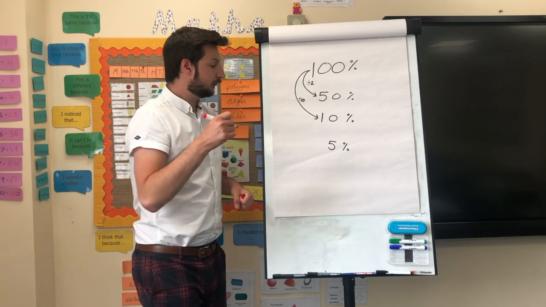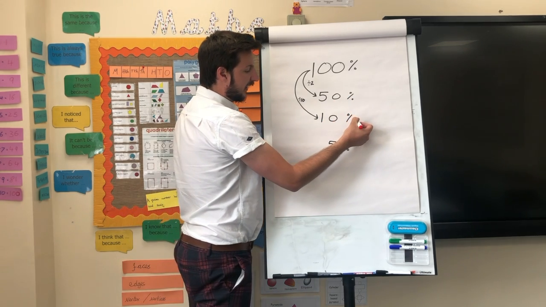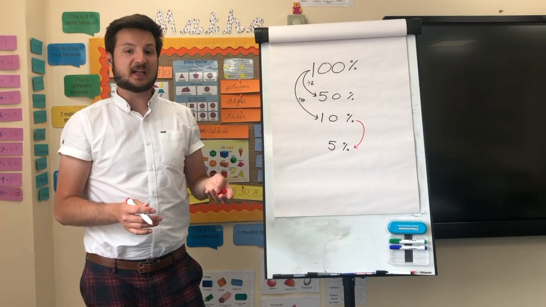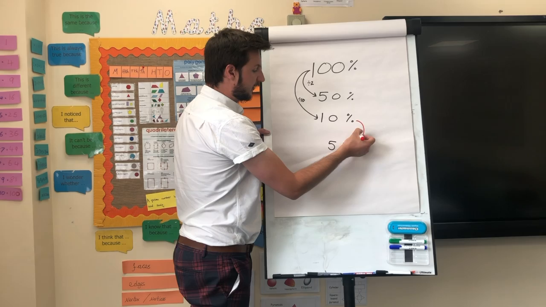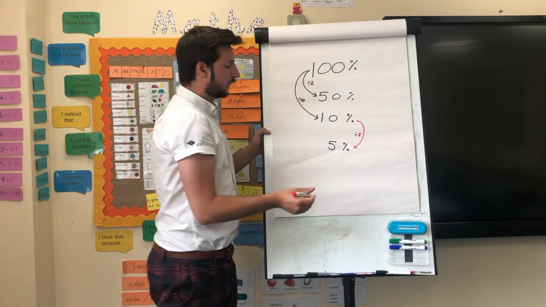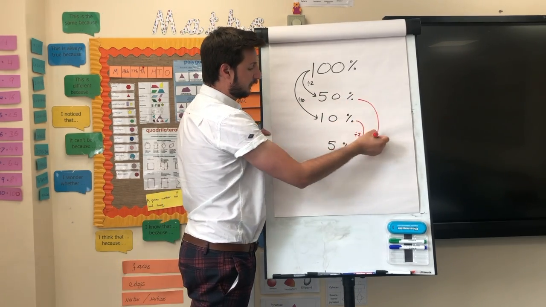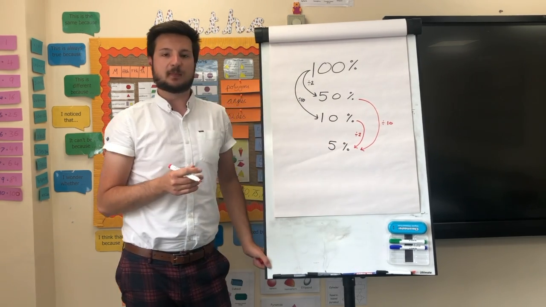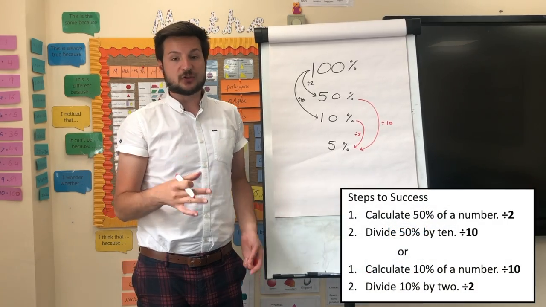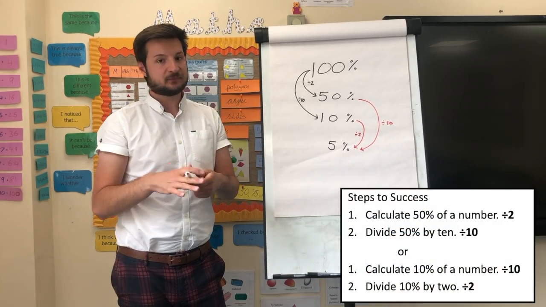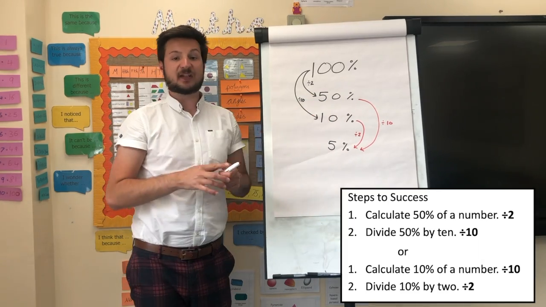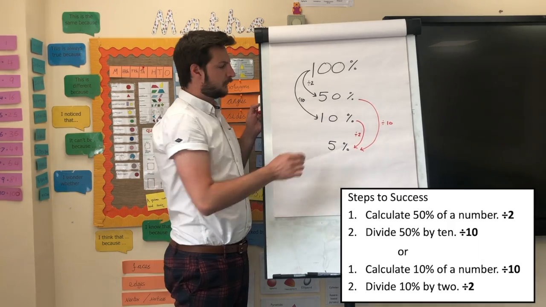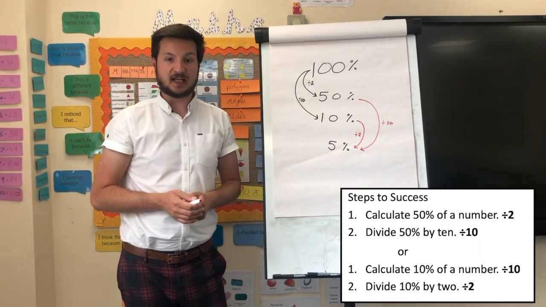You can either go from 10% to 5% by dividing by 2, or you can go from 50% to 5% by dividing by 10. Those are your two options. So whatever amount you have at the beginning, you calculate 50% and 10% first, and then you can either divide your 10% by 2 or divide your 50% by 10.